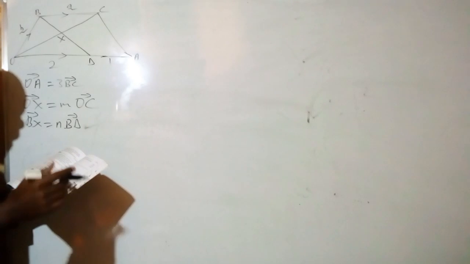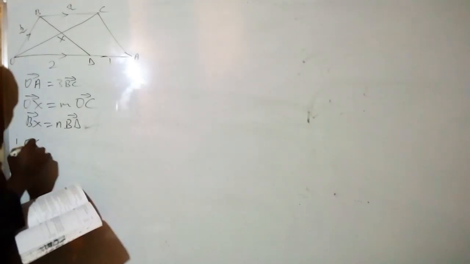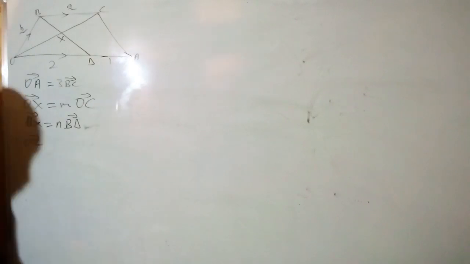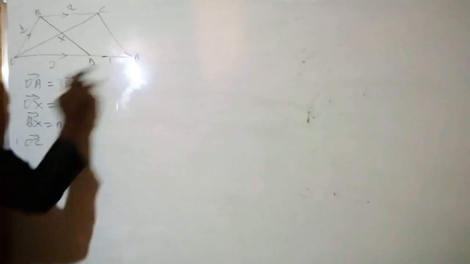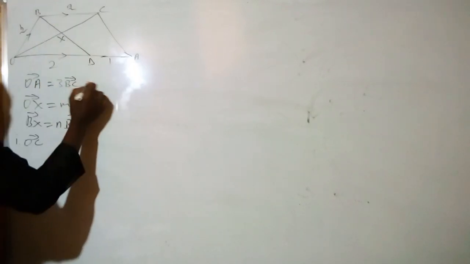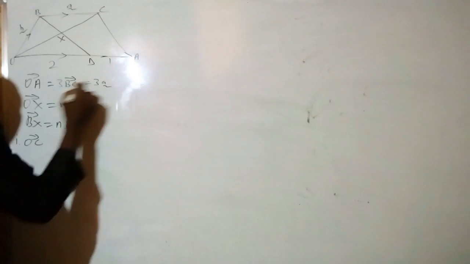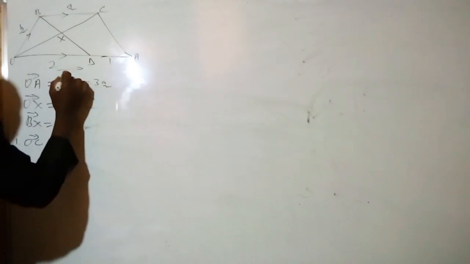Number 1, vector OC. We've been told that OA is 3BC, and BC is vector A. So OA will be 3 vector A. They want OC.